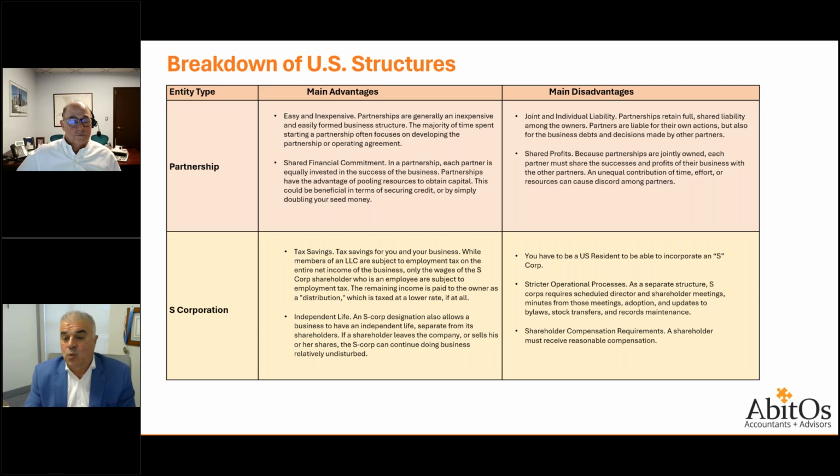It is a great tool for real estate because you could have basically one type of partner as a limited liability partner. You could have a general partner.